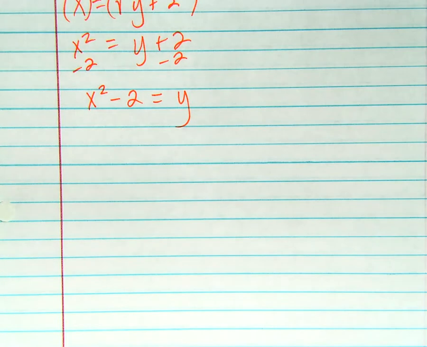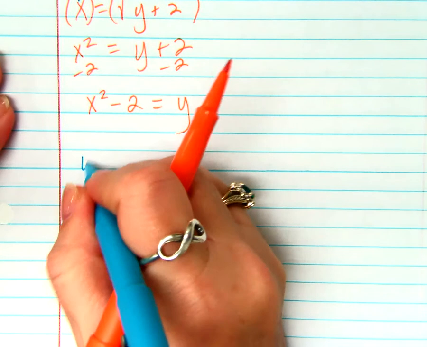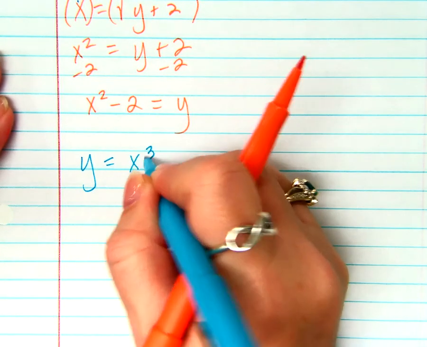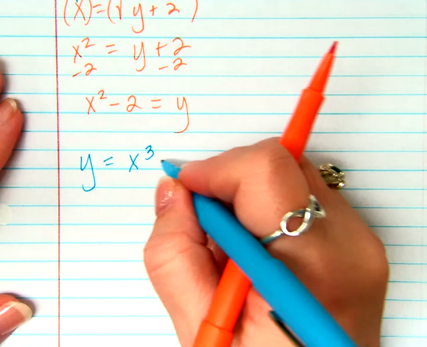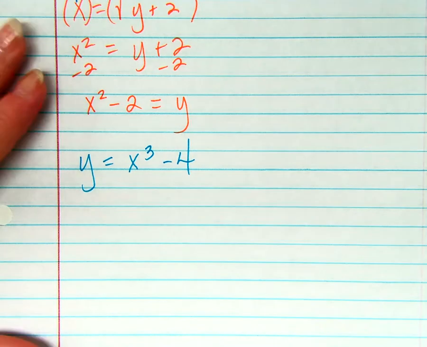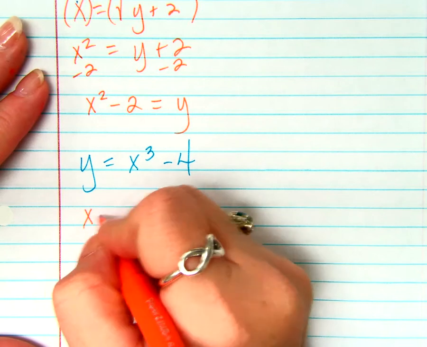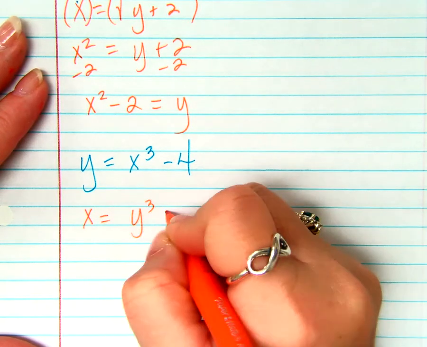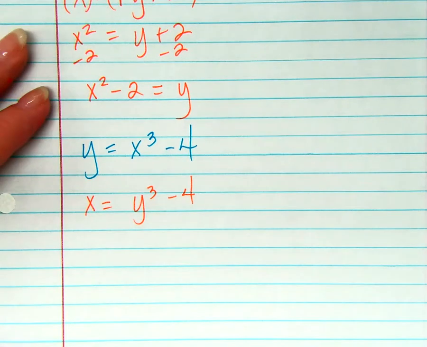What about if I said the function was y equals x cubed minus 4? How do you solve this one for the inverse? Switch x and y. X equals y cubed minus 4. And now solve for y.